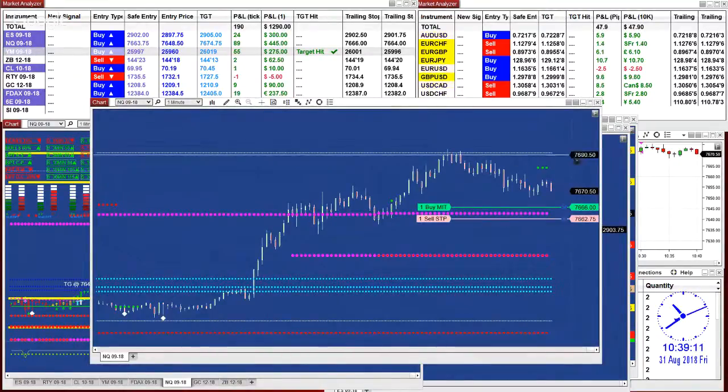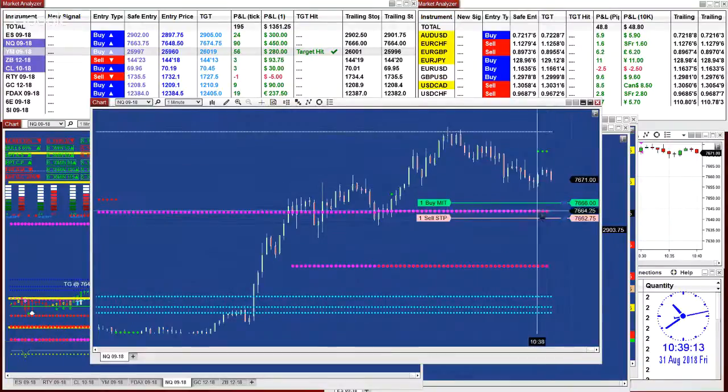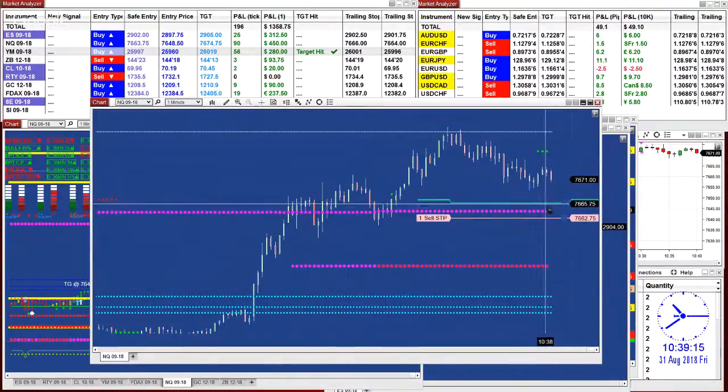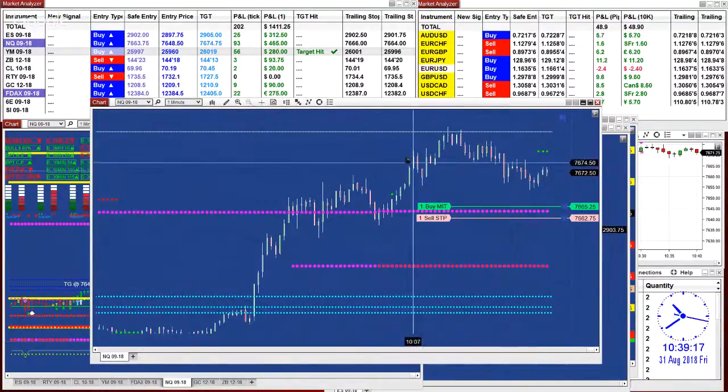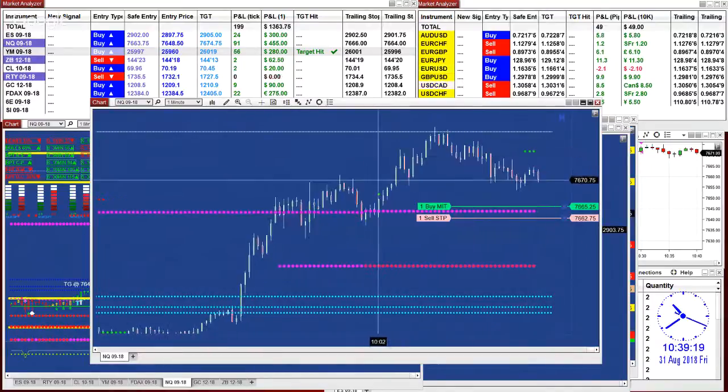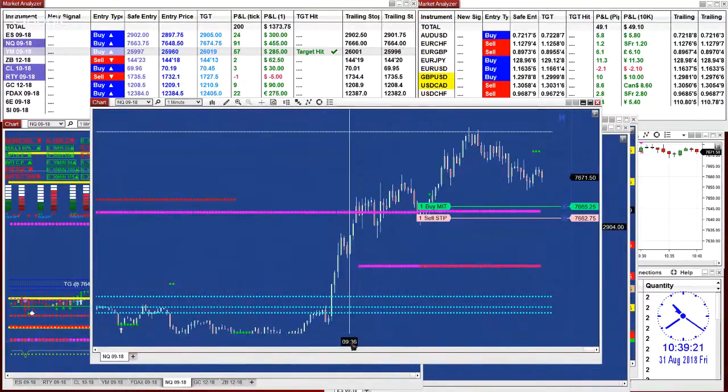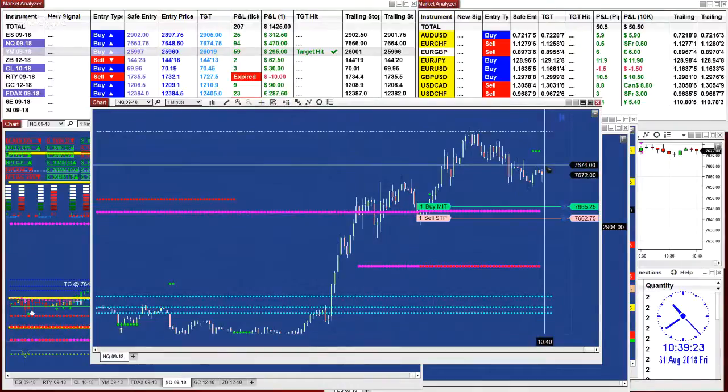So this is your best chance on the Nasdaq to take right there. And it is very clear to scout the market with it as well.